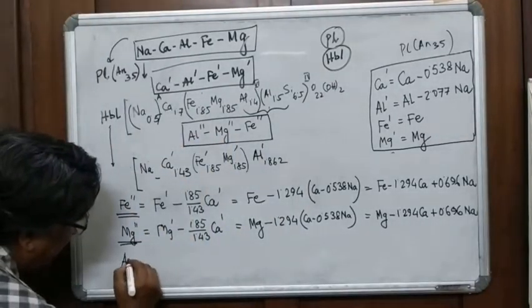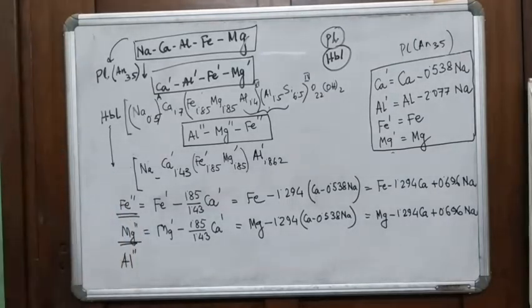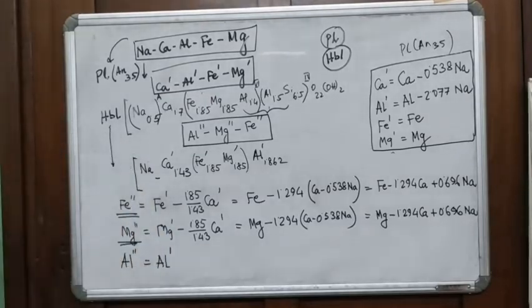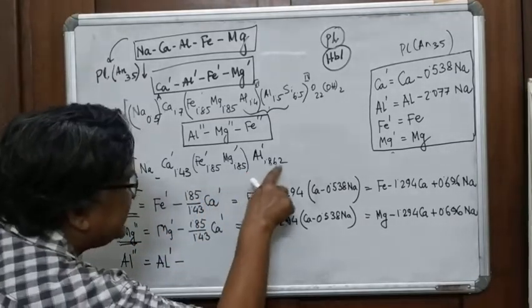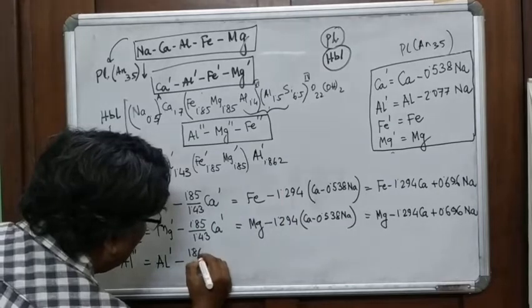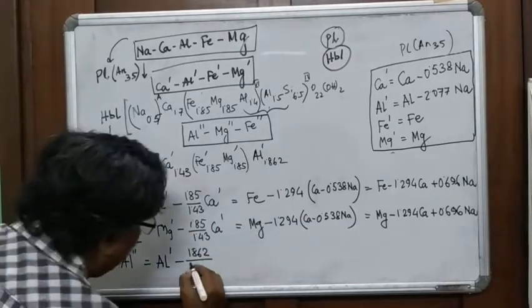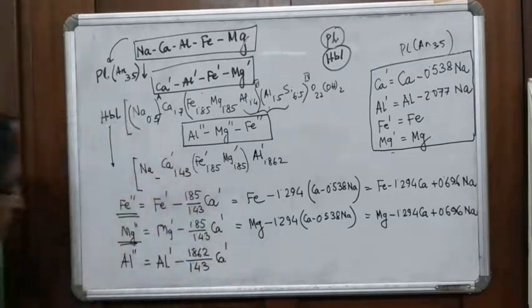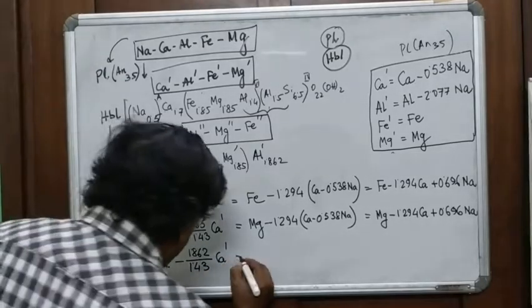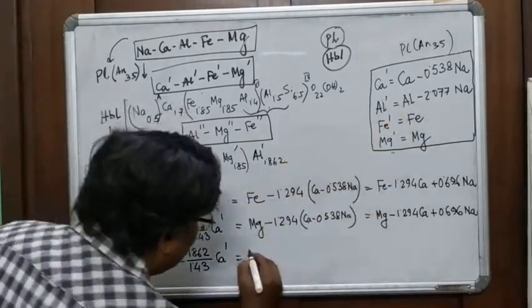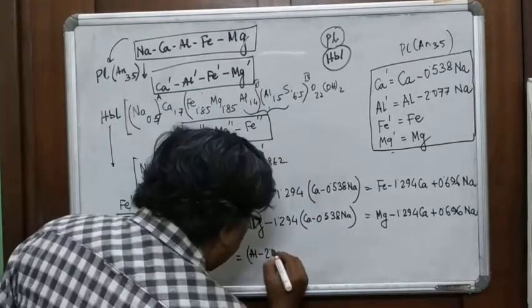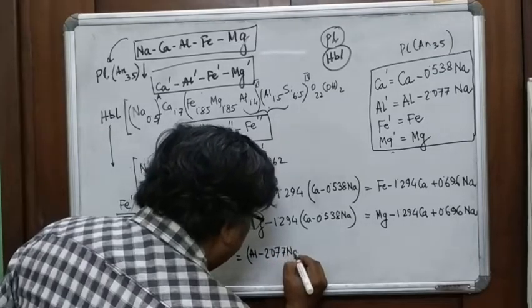Now we look at aluminium. That's interesting. Now, aluminium double prime is equal to how much? Again, like before, it's aluminium prime minus 1.862 divided by 1.43 Ca prime. If you do that, then Al prime now is Al minus 2.077 Na.